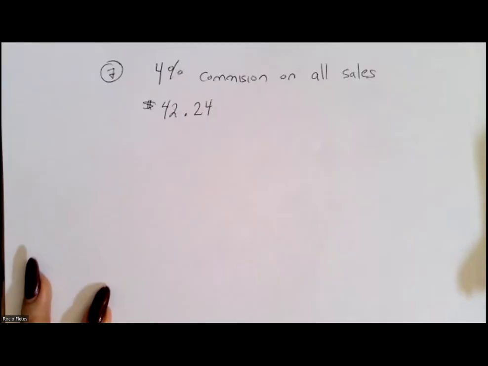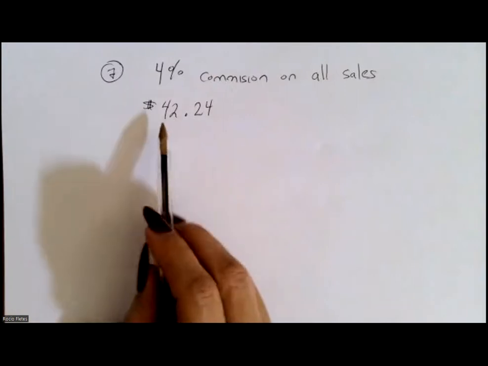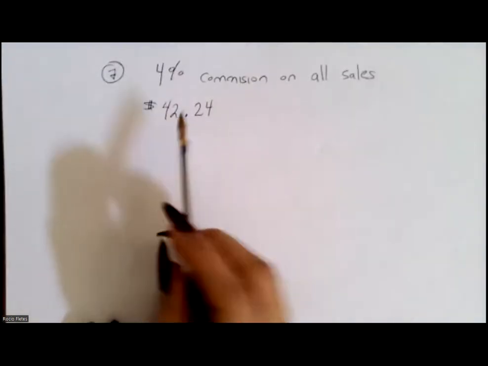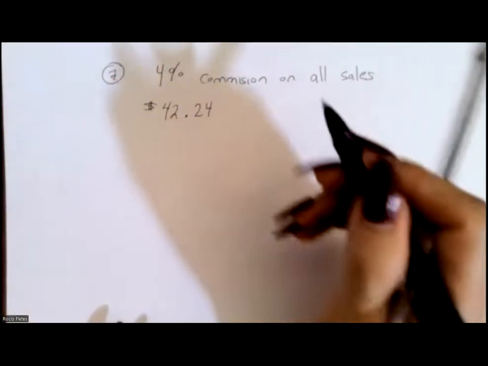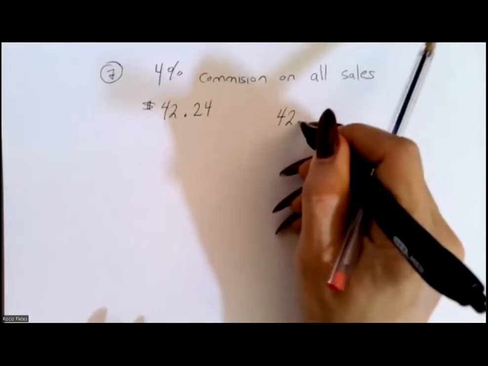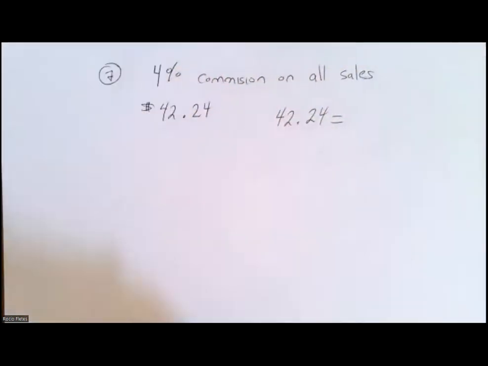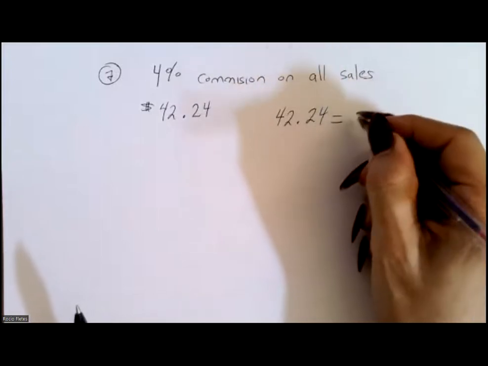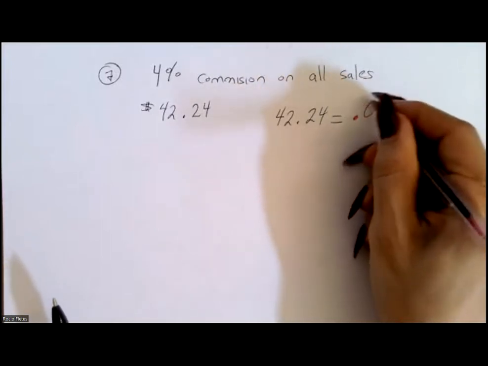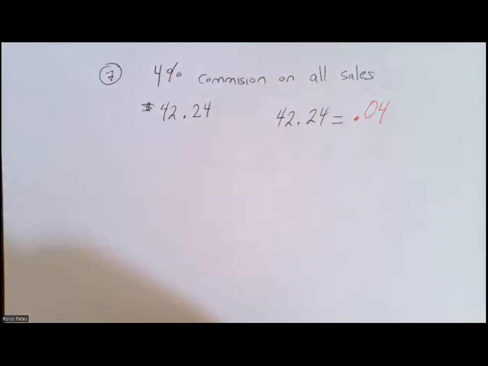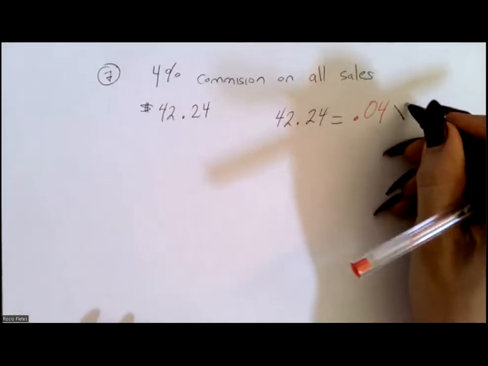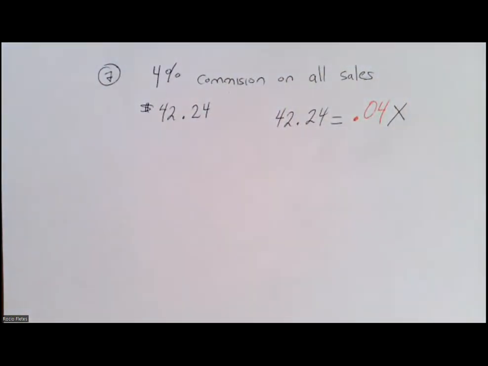Okay, so we know that he makes 4% commission on all sales, and this time he earned $42.24. So we know that this $42.24 represents 4%. I'm gonna write it as a decimal. 4% of some total number X that I do not know what it is. I'm gonna look for it.